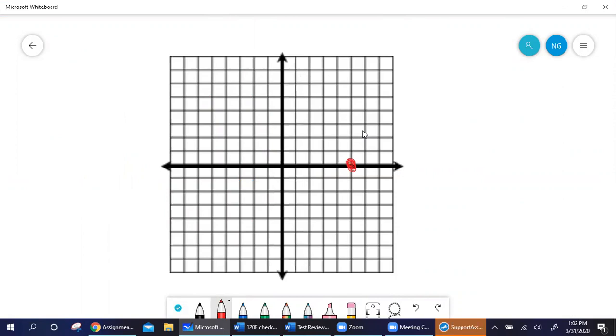This one did not have a stretch or anything on it, so your next 2 points would be right there. And then we build our parabola off of that. And again, you don't have to draw the axis of symmetry, but x equals 5 would be this vertical line that splits the parabola in half.